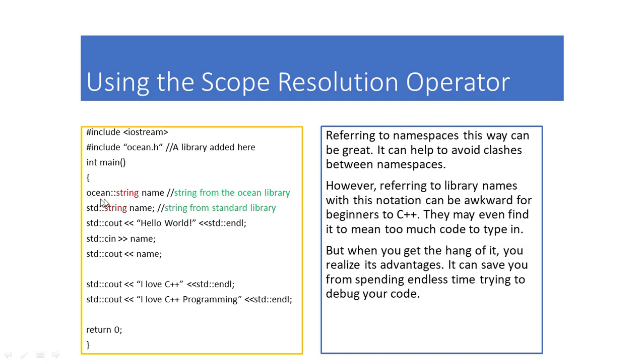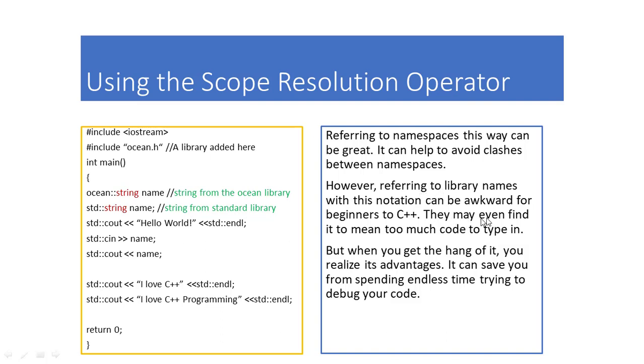And we use the scope resolution operator to reference both of them from their respective namespace. Referring to namespaces this way can be great. It can help to avoid clashes between namespaces. However, referring to library names with this notation can be awkward for beginners to C++. If you are new to C++, you will find this to be somewhat cumbersome.